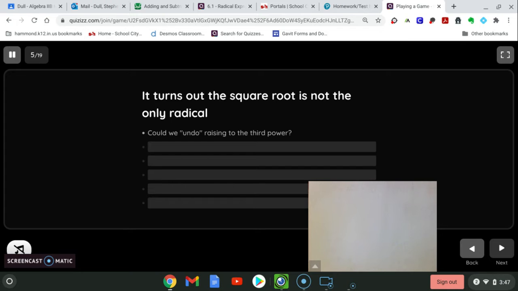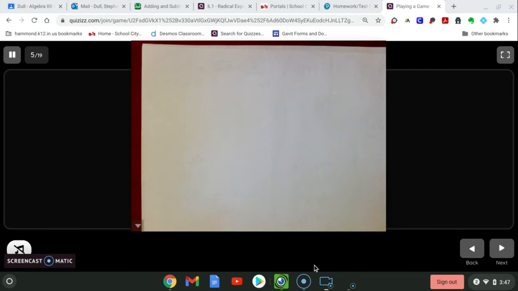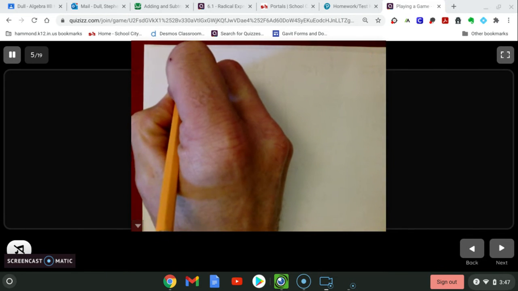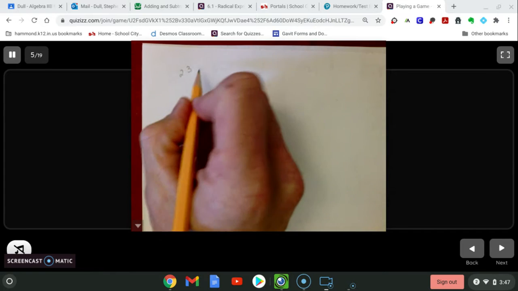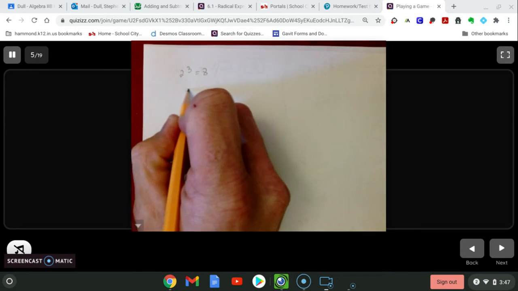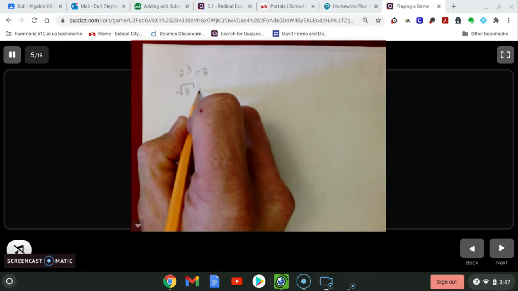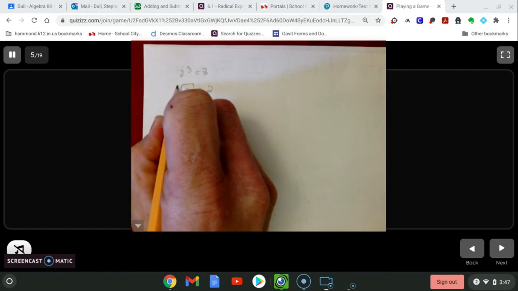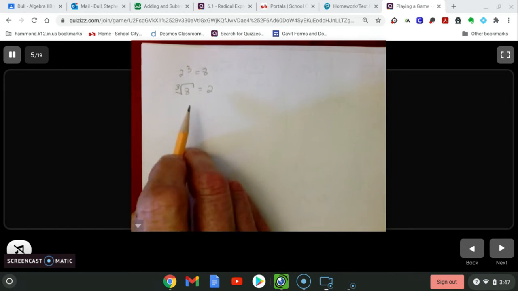So if we think about, can we undo something like raising to the third power? So 2 to the third power we know is equal to 8. What if we said, hey, is there a way that we could have some type of symbol that lets me undo that process? And we said, okay, here's what we're going to do.